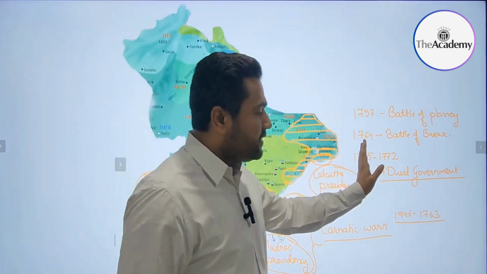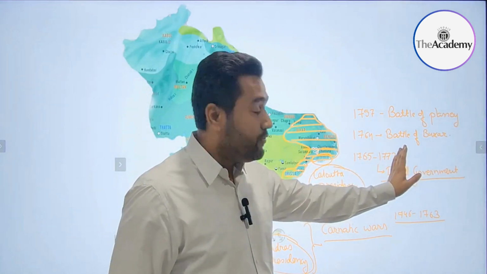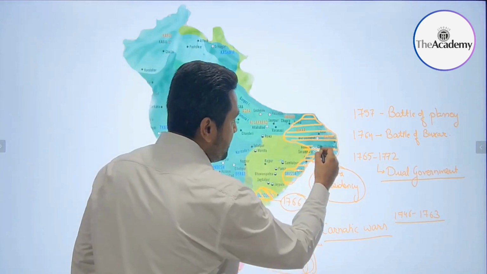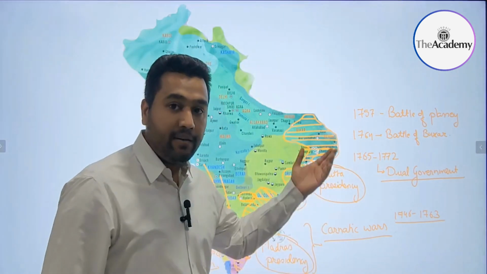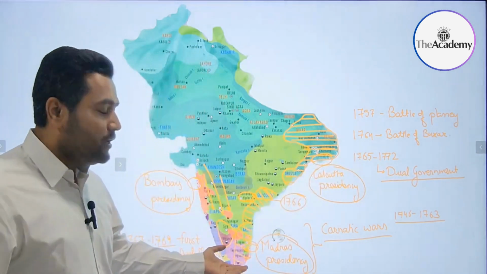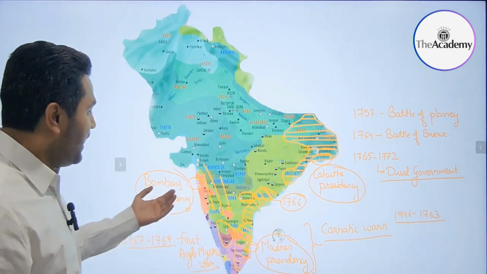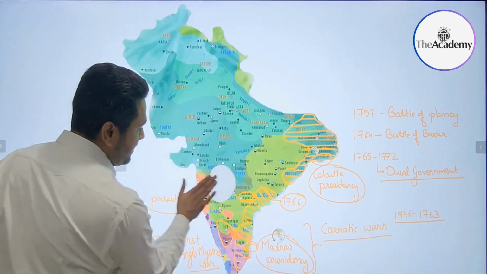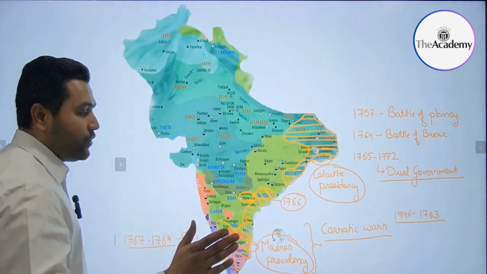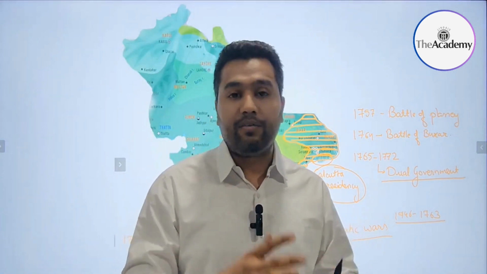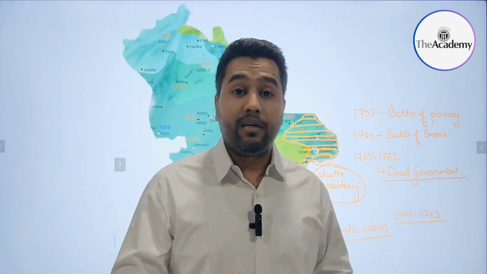So from 1765 till 1772, whereas the Calcutta presidency gained excessively, or gained politically, this was not the scenario with Madras presidency. And with Bombay presidency, things were even more difficult because after the death of Nana Sahib, Madhav Rao emerged as a capable Maratha leader, giving solid leadership to the Marathas.